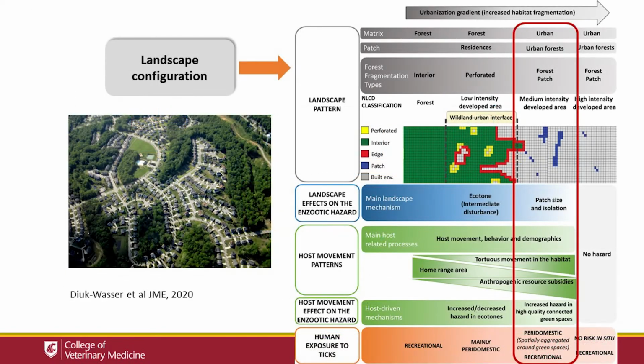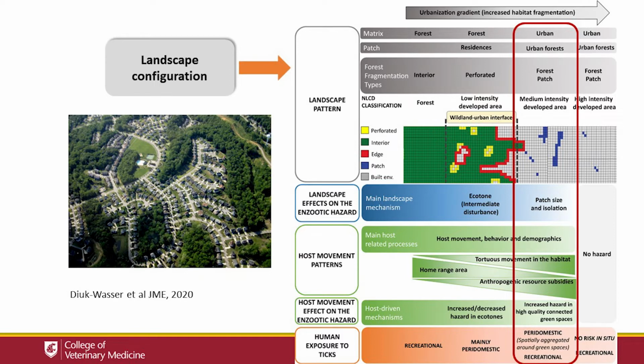But because we were really interested in how this changed along the urbanization gradient and what the effect of landscape is, we decided to focus on this project, which is based particularly on an urban area, so we were mostly interested in this section here.